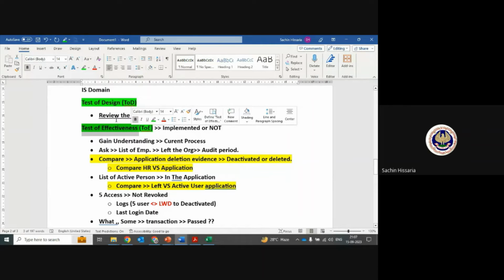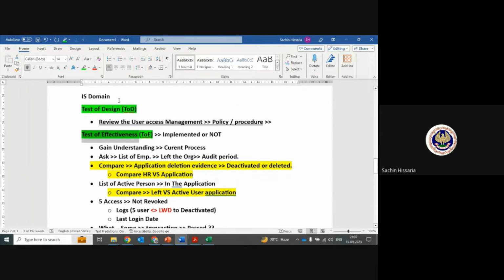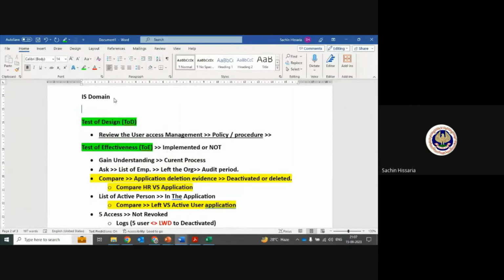In all your answers, whenever they ask you a domain specific question, I would suggest you answer in this manner. Start with the policy procedure, then tell them that through the policy procedure I want to check the test of design of this particular area.